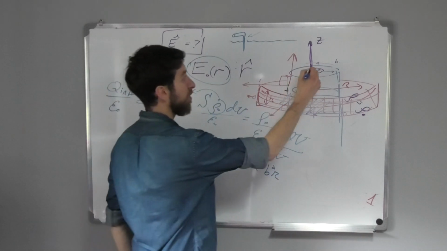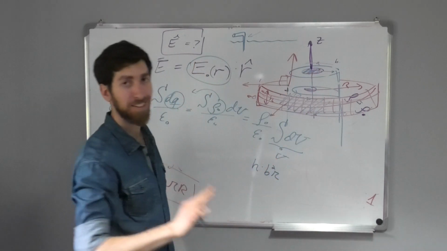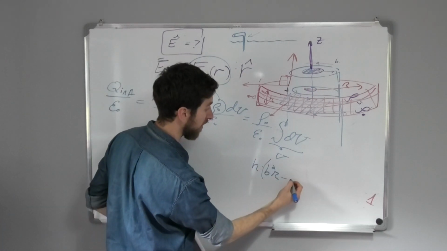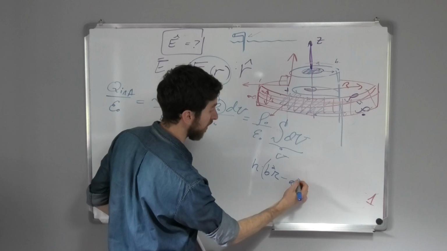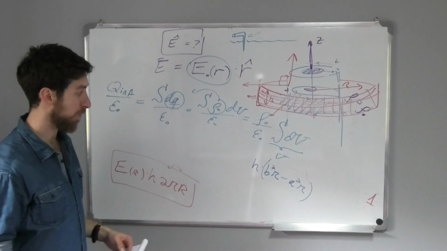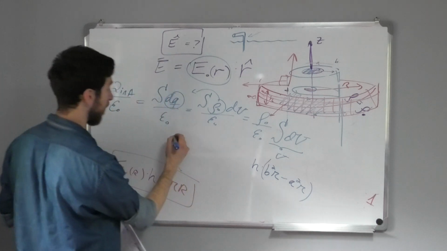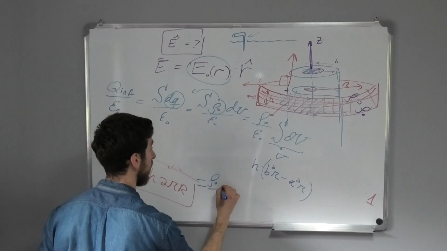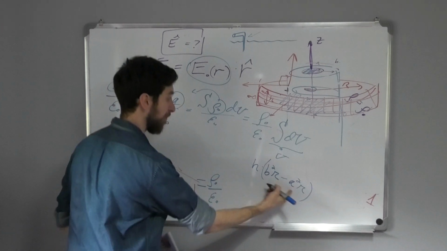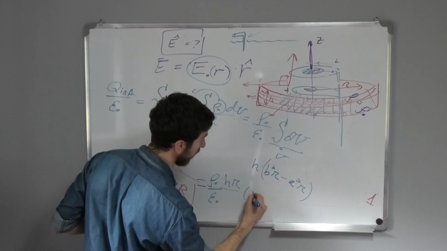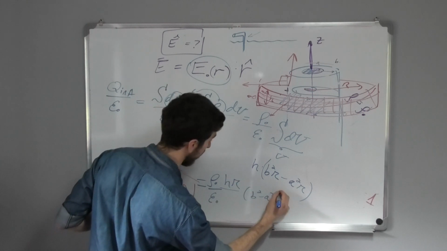But I have a hole here, and this hole does not include any charge. So we need to subtract a squared pi. This is the value of that. I can take pi outside, so we have this value at the end: rho 0 over epsilon 0, h pi, and we have b squared minus a squared.